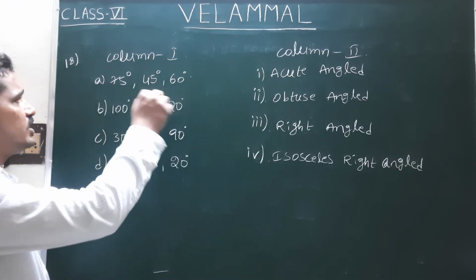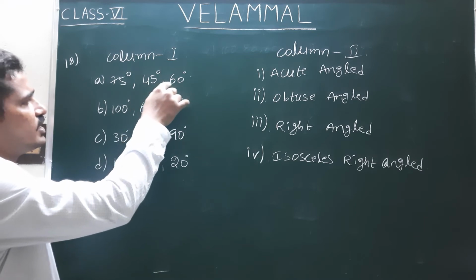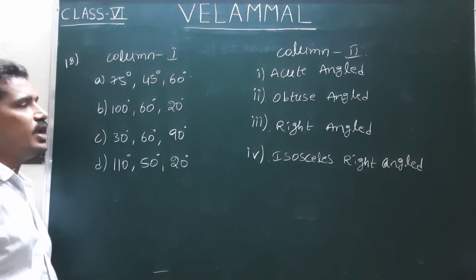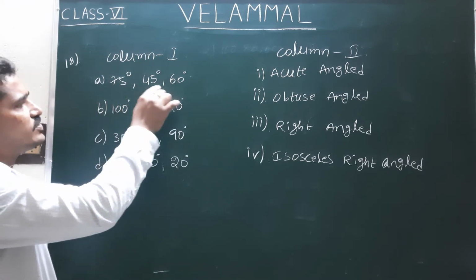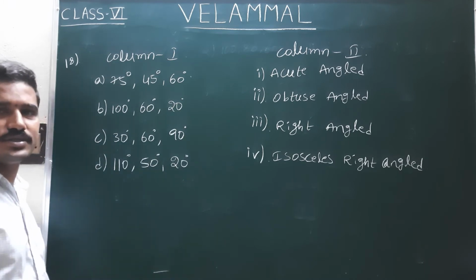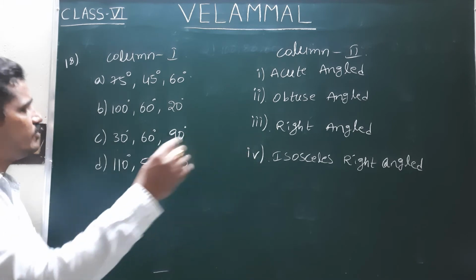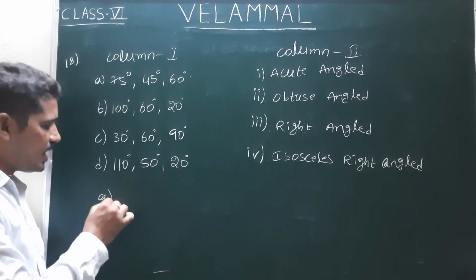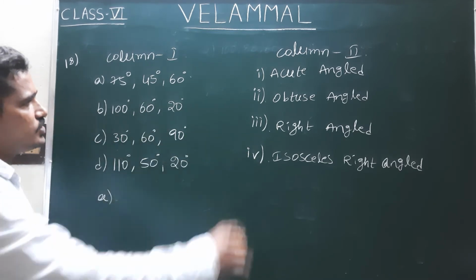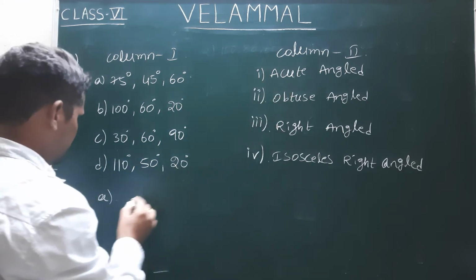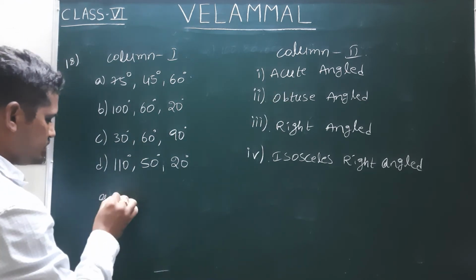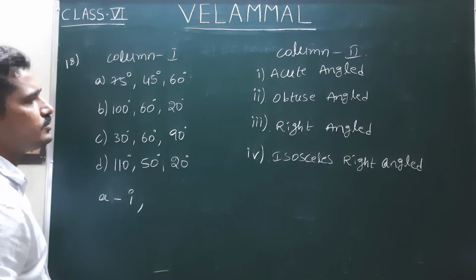In the first one, 75 degrees, 45 degrees, 60 degrees. If you observe, all angles are less than 90 degrees. That means all three angles are acute angles. So we can say option A is an acute angled triangle. So A is 1.